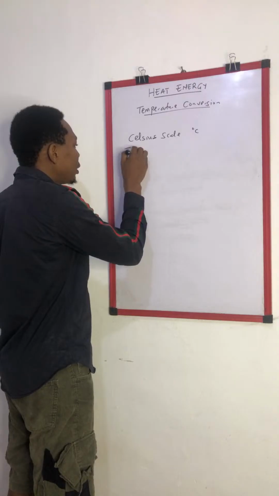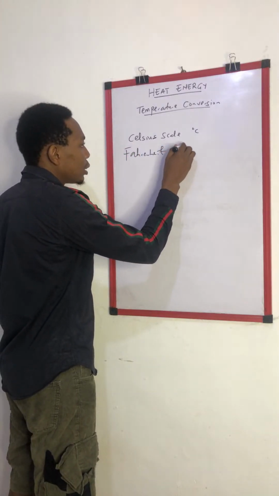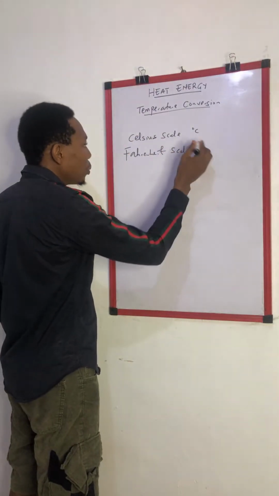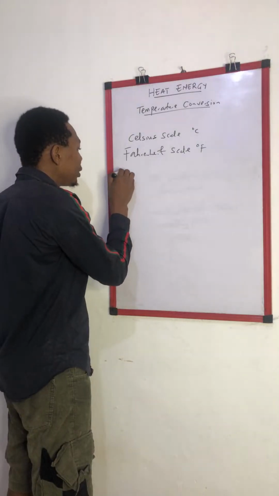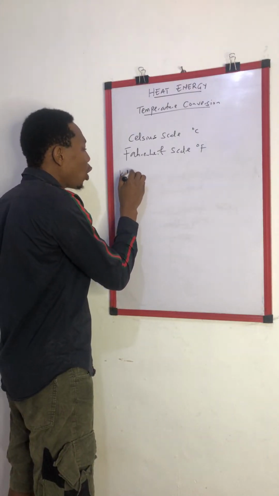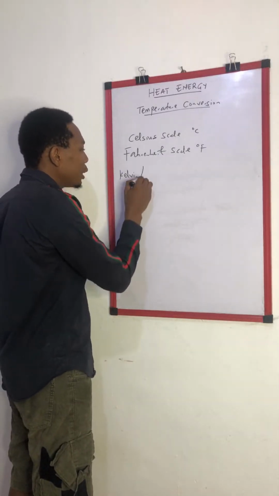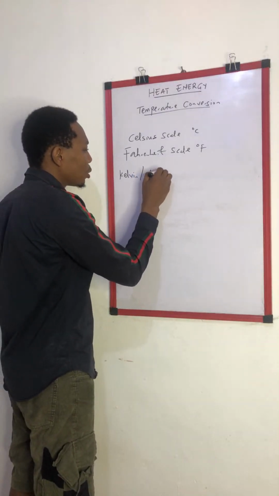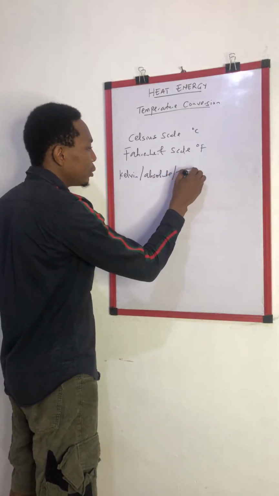Then we also have the Fahrenheit scale, which we call degree Fahrenheit. We also have the Kelvin scale. You can call it Kelvin, absolute, or thermodynamic scale.